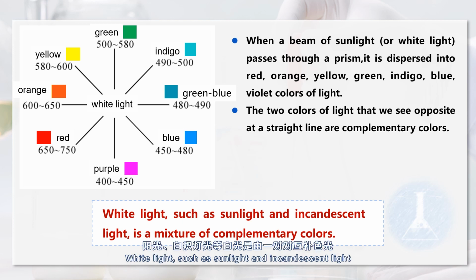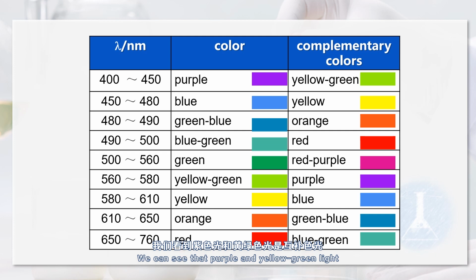White light, such as sunlight and incandescent light, is a mixture of complementary colors. Purple and yellow-green light, blue and yellow light, and blue-green and orange light are all complementary colors. These complementary colors are mixed at a certain intensity ratio to form white light.